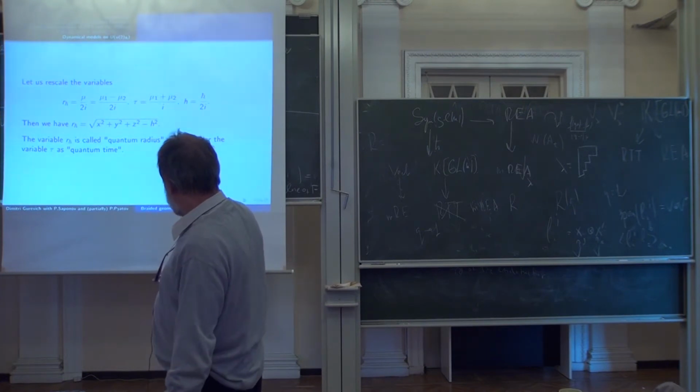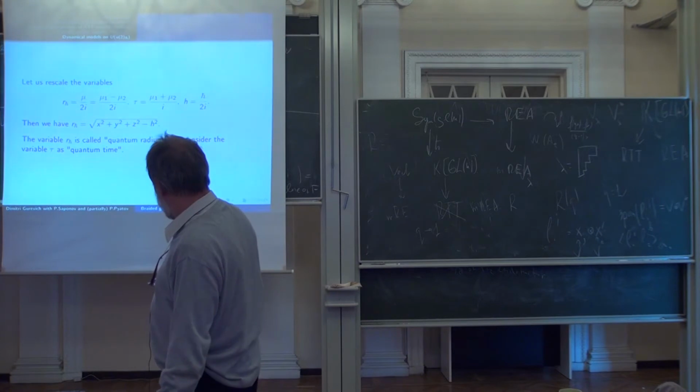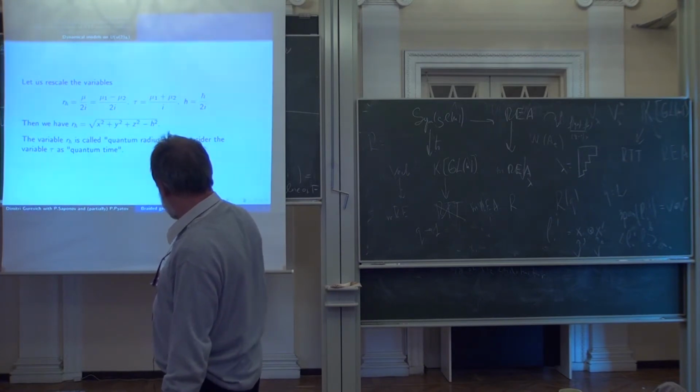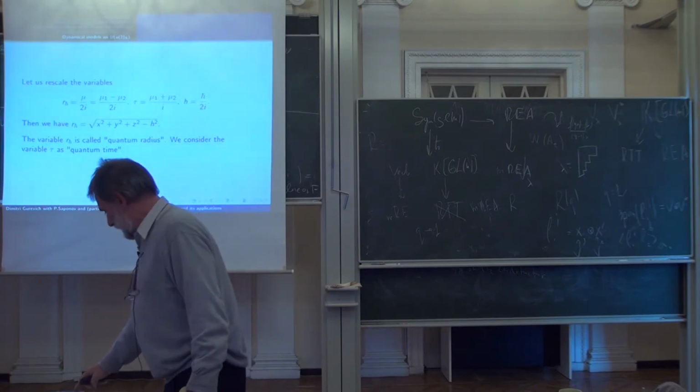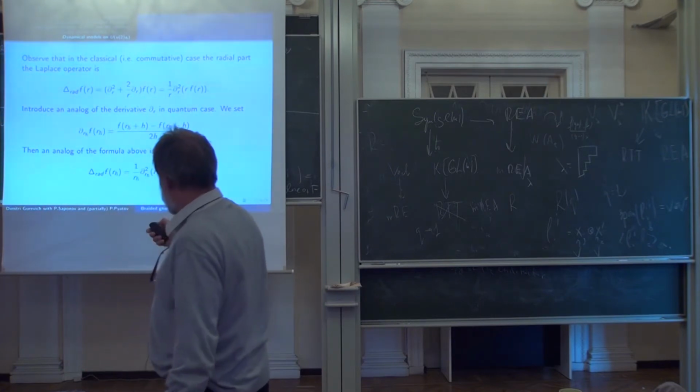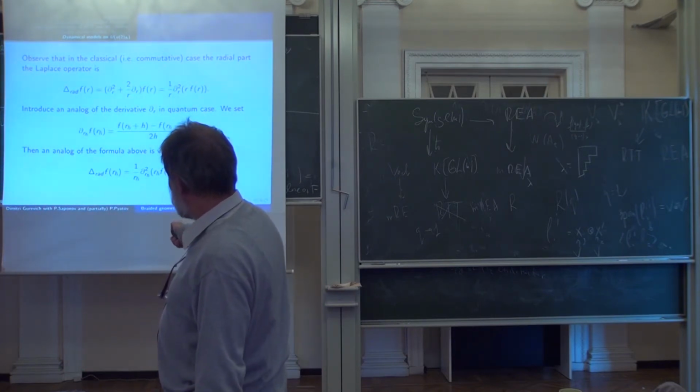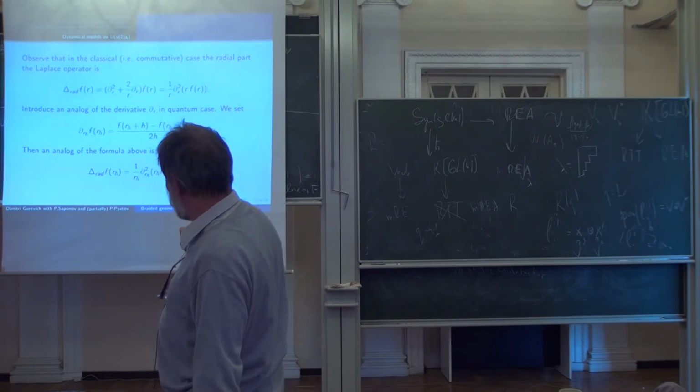Okay, now I introduce the quantum analog of radius and time. Finally, the quantum radius is as follows, and the quantum time. Finally, I consider the restriction of the Laplace operator to a function dependent on the quantum radius.